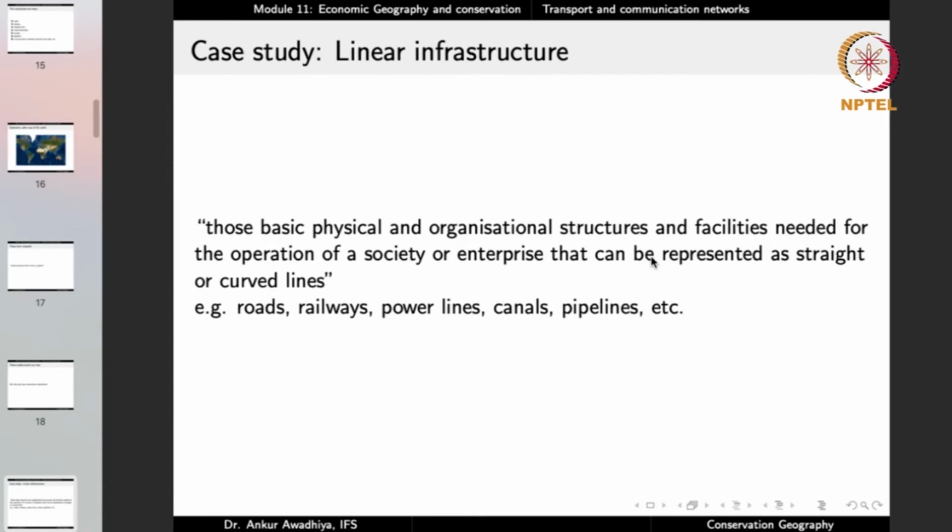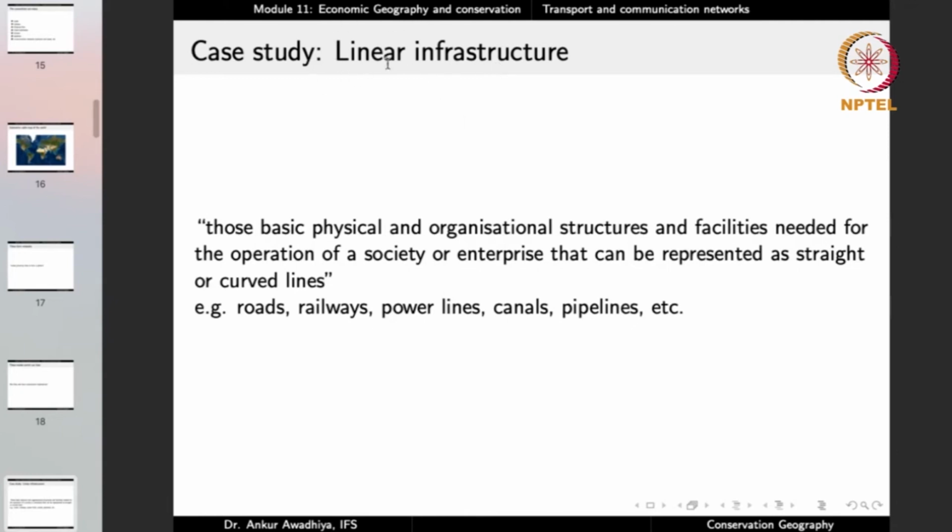Linear infrastructures are defined as those basic physical and organizational structures and facilities needed for the operation of a society or enterprise that can be represented as straight or curved lines. That is, when we say infrastructure, infra is below, so it is the structure that lies below. So it forms the foundation of other structures.